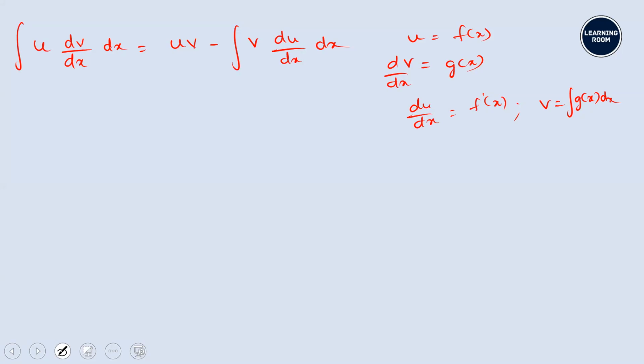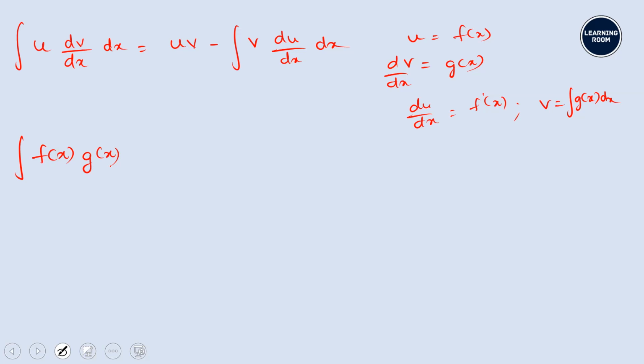Now what I'm going to do is I'm going to use these terms to exactly replicate all the terms. See what I'm going to do. Integral of, in the place of u, I will take this f of x and substitute. So it becomes integral of f of x into, in the place of dv by dx, g of x.